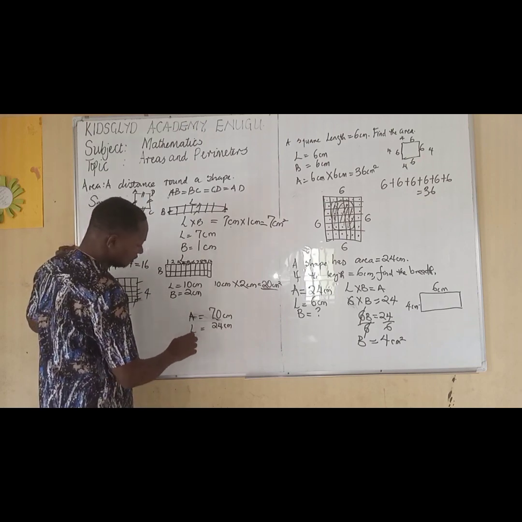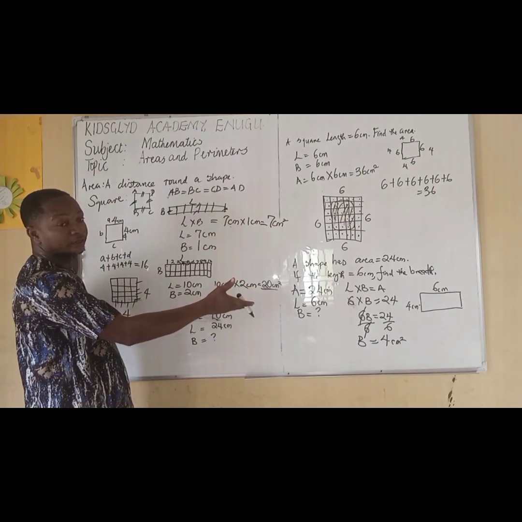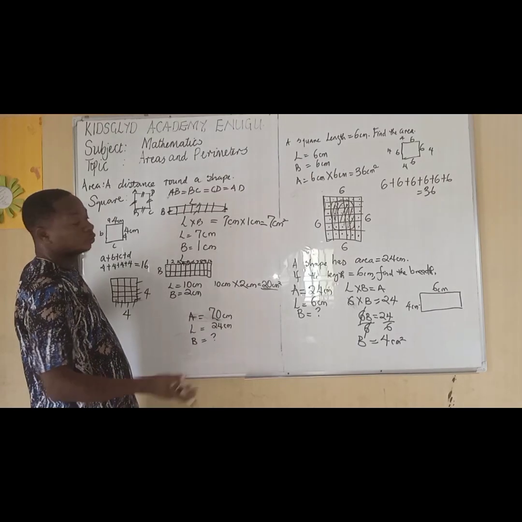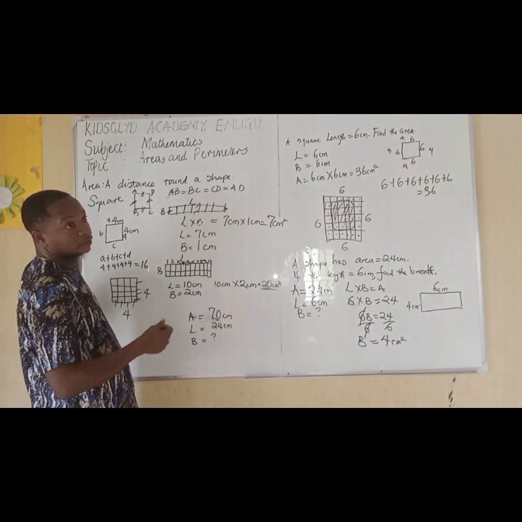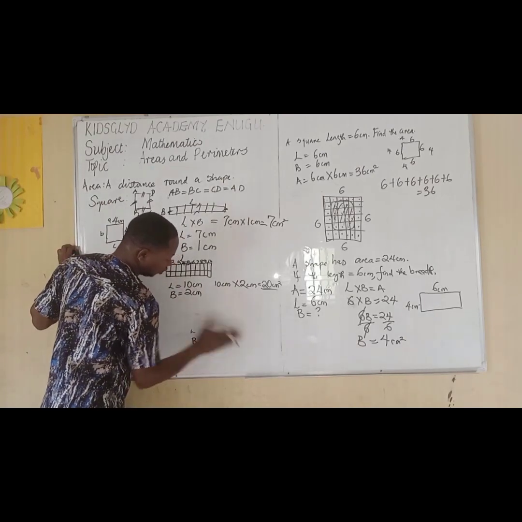What is the breadth? It is just the same method that we use there, so there's nothing different about this. Let us save our time and go into the square.